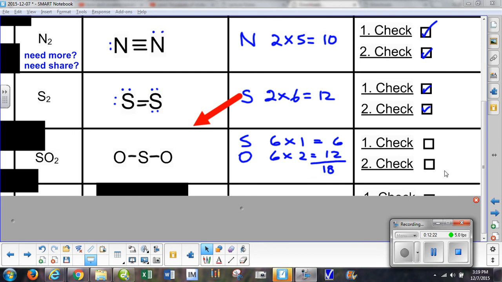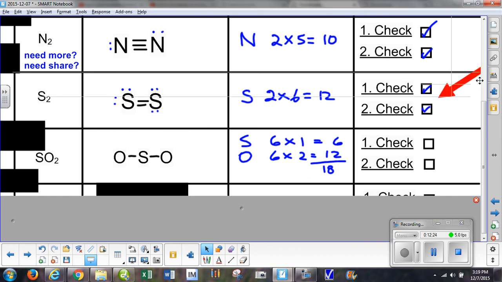Okay, if you just restarted your screen, you'll see that I added check marks up here because I did the checks, but I forgot to put them in the check boxes. So let's go on now. I hope you calculated your total number of electrons this way. Now the next thing you need to do is put in the extra electrons that you don't have in these bonding electrons.